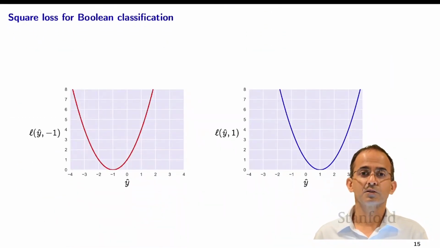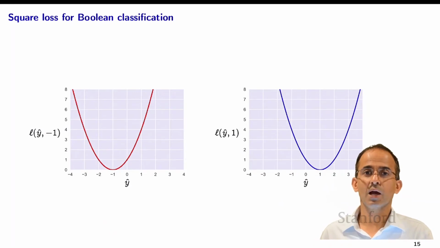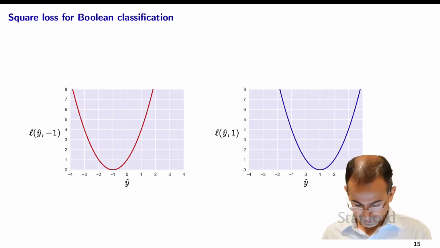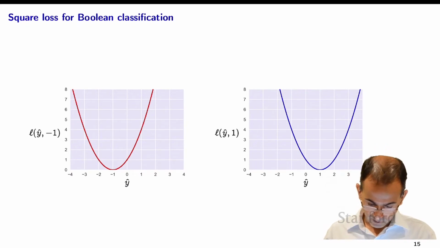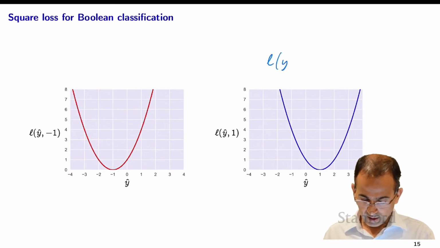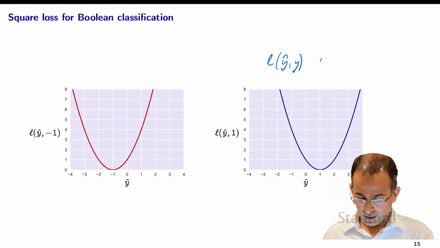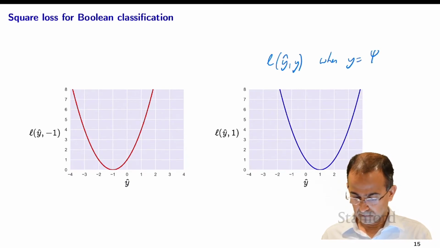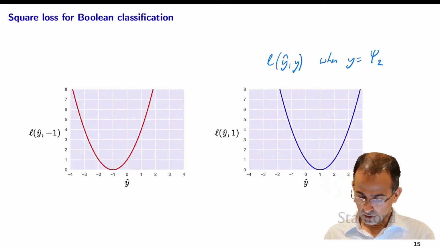So how do we think about two different loss functions when we're using the square loss in the Boolean case? Well, they're translated versions of the quadratic function. This, on the right here, is L of y hat, y when y is psi 2, and psi 2 is just 1.